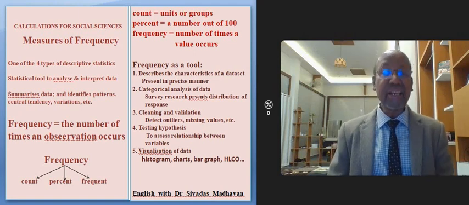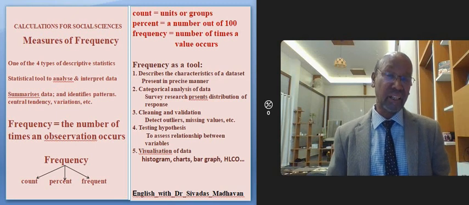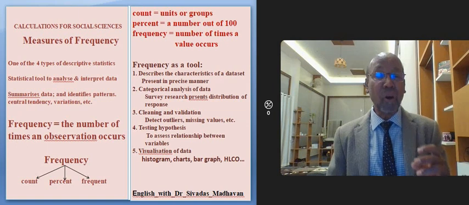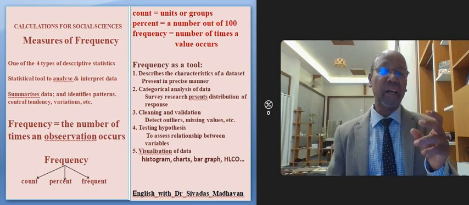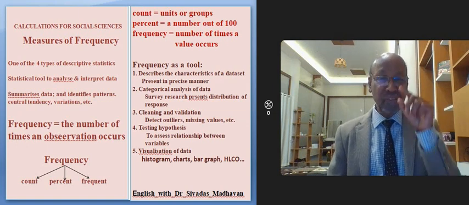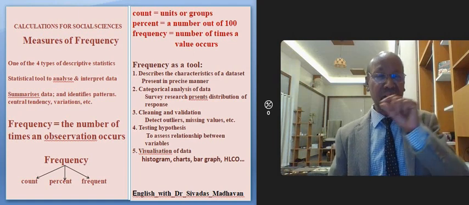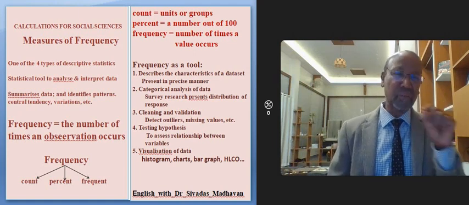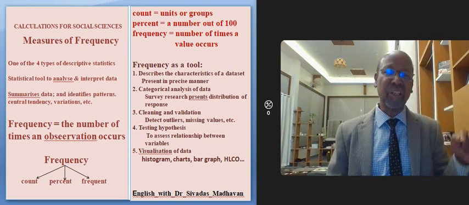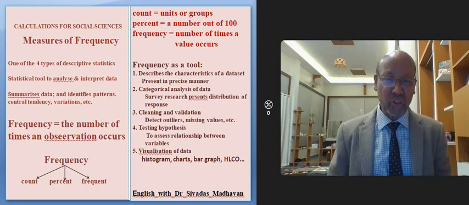And the last one is visualization. Visualization is to present the data in the form of visuals, like histogram. Histogram is the figure with the dots representing the values, and these dots will be connected with the line and you will have the figure. So that is histogram.